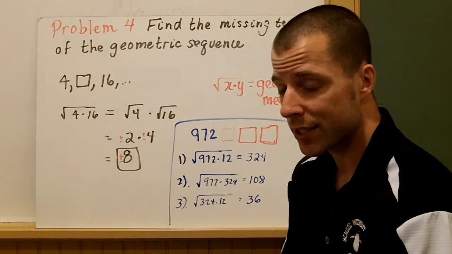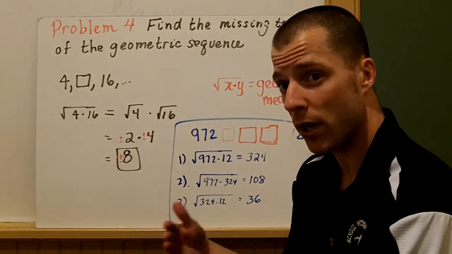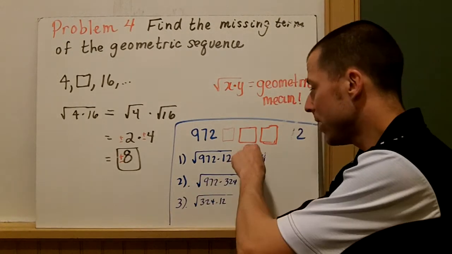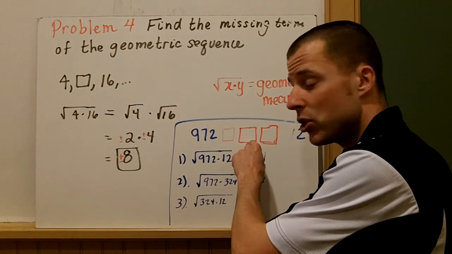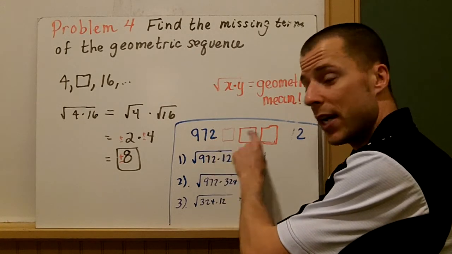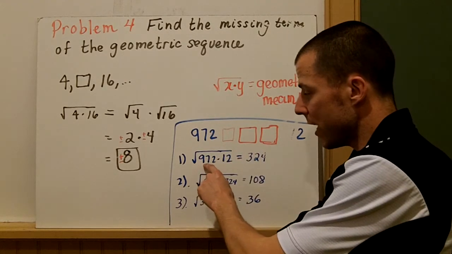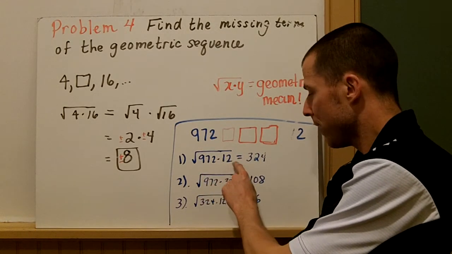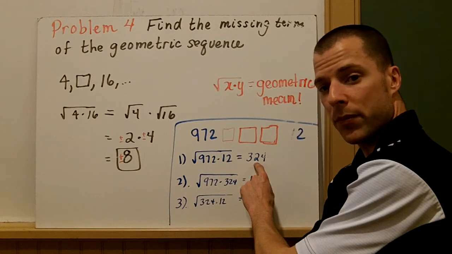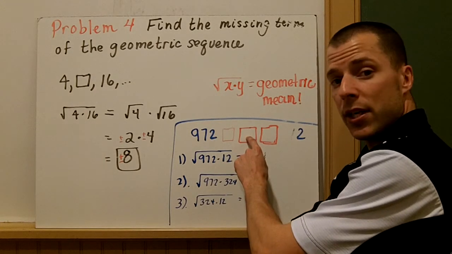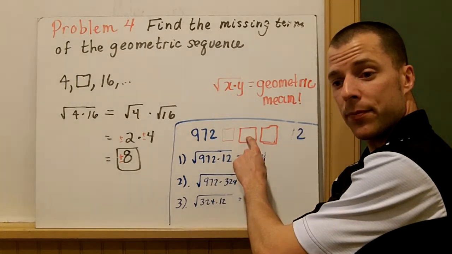Well, that's the first and fifth. If you look at 1 and 5, the middle value is 3. So we can take the geometric mean of the first value and the fifth value to get our third value. So that's the square root of 972 times 12, which gives us 324. So this number here is 324.